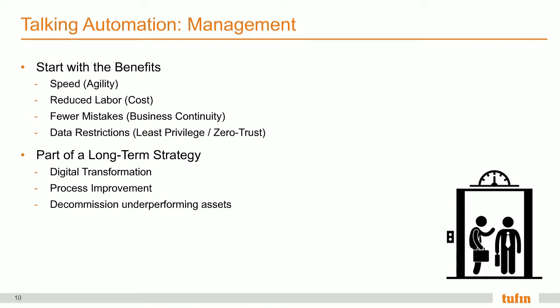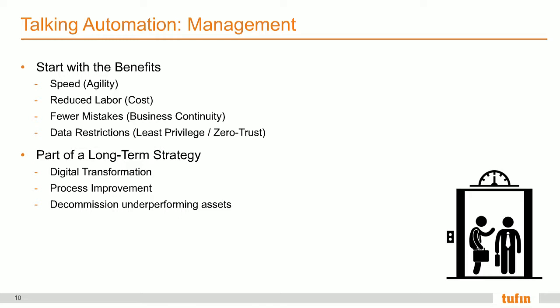So automation has a whole long list of benefits that you can go and use to talk to management about, but keeping it in their terms is important as well, right? So if we're removing manual processes, we're clearly increasing the speed of what we're doing, right? In business terms, that's often referred to as agility, that ability to move quickly and turn and so on.